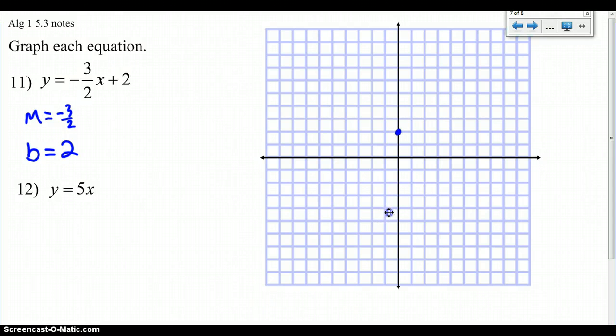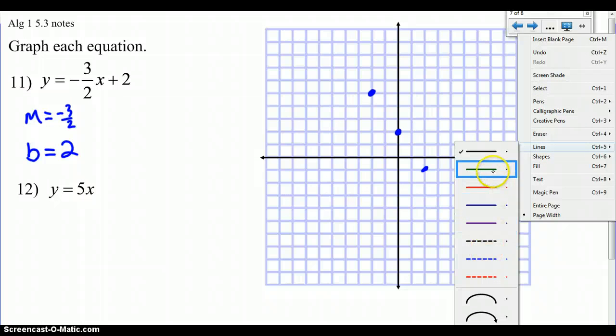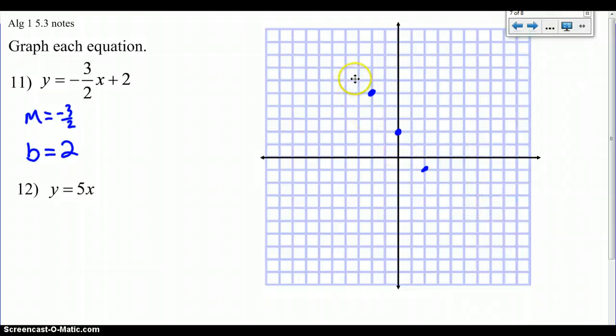The next thing I do is apply that slope. The slope is negative 3/2, so that means I'm going down 3 and right 2. Or you could think of it as I'm going up 3 and left 2. Either way, we get the same line. And all I have left to do from here is to go ahead and connect. So our line will look something like this.